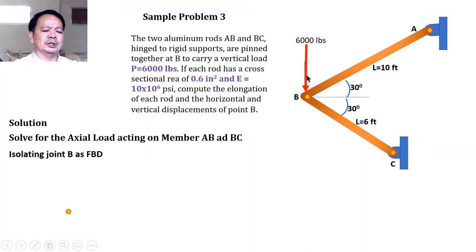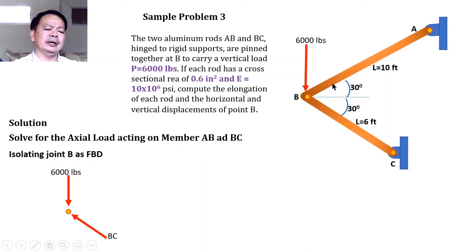Let us first take this 6,000 pounds acting there. Then let us follow this BC that will be acting, assuming that this will be acting up to the left to support the vertical direction of the 6,000 pounds. And so I have here this direction, and let us call that our BC.